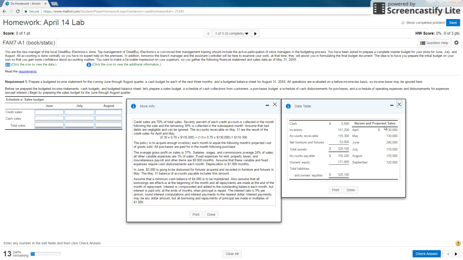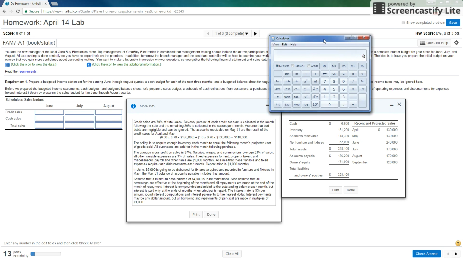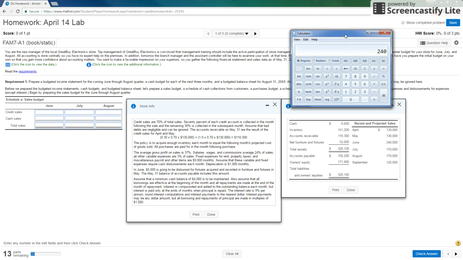So we have the projected sales here, and we are asking for a sales budget. So for June, when we have $240,000 sale, we will have 240,000 sales multiplied by, the question says 70% of every total sales are credit sales.